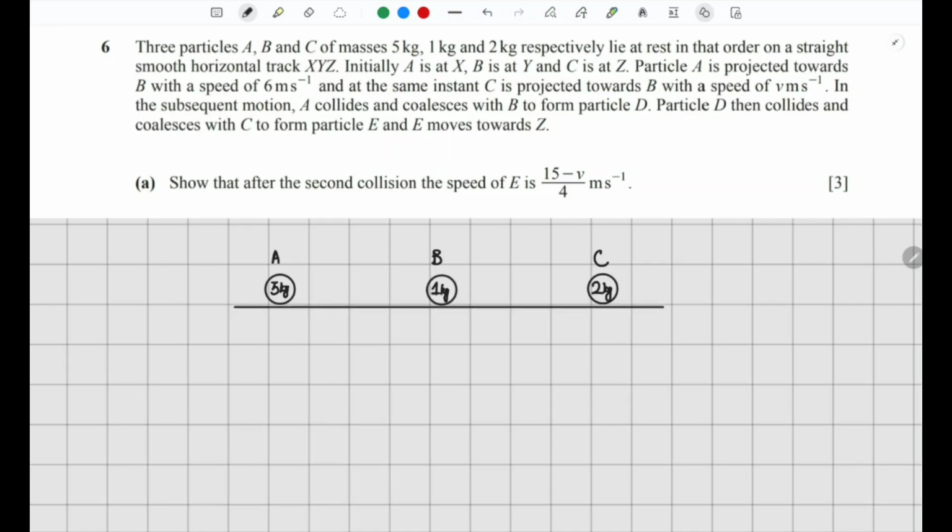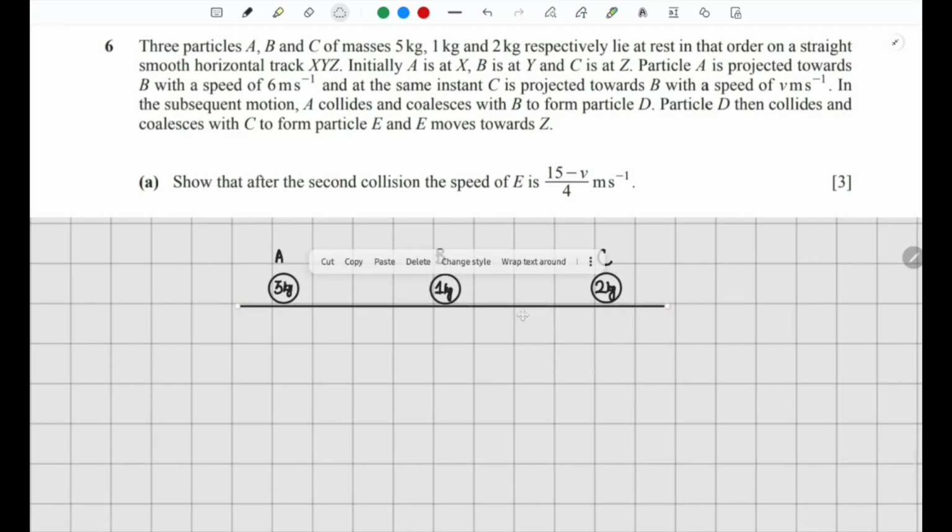Now what happens next? They are on horizontal track XYZ, and this XYZ represents these points. Like particle A is on X point, B on Y and C on Z, and they are at rest initially.